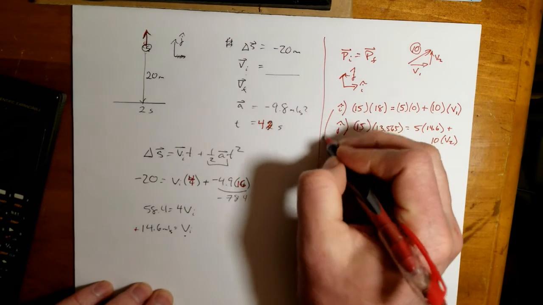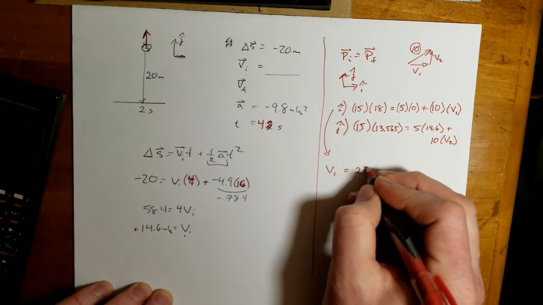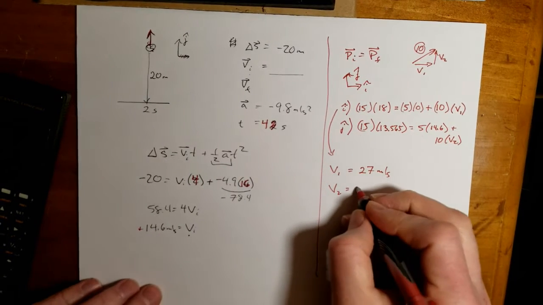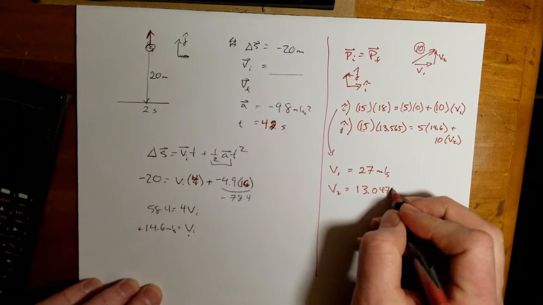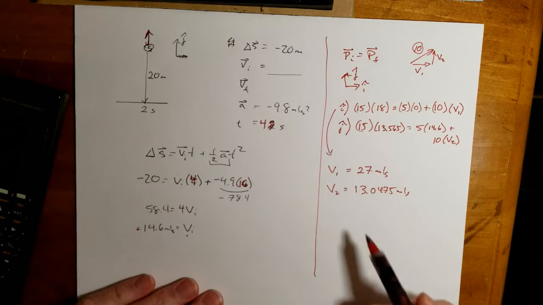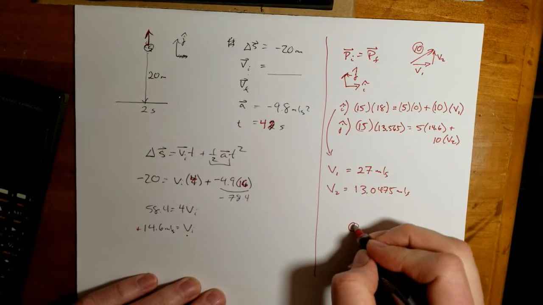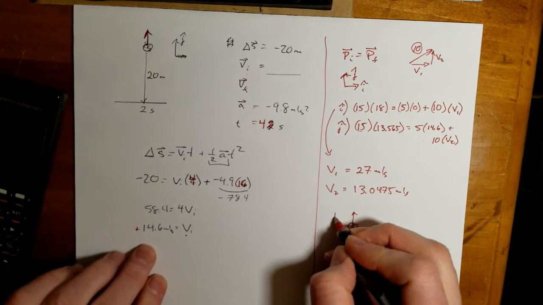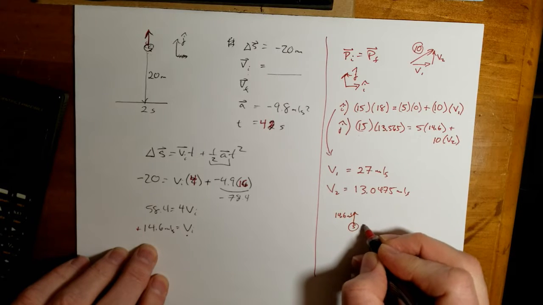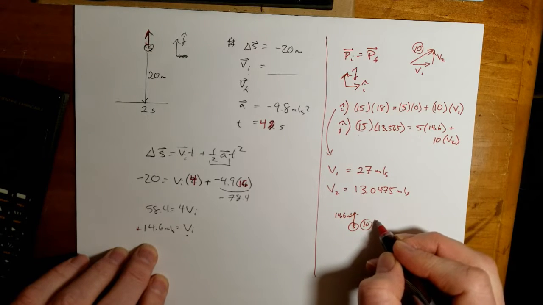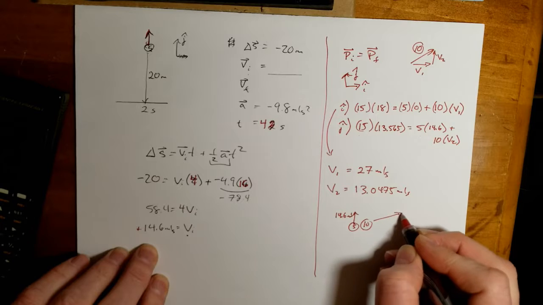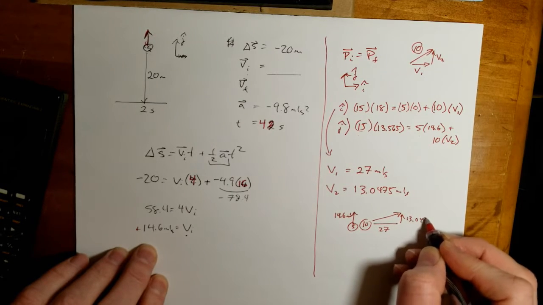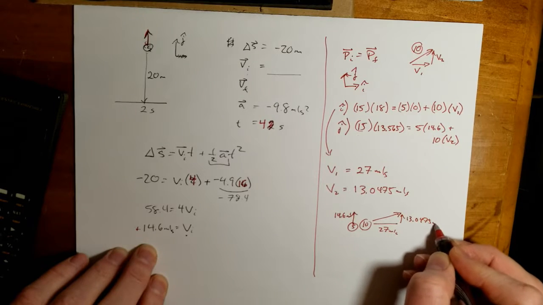So V1 is equal to 27 meters per second, and V2 is 13.0475 meters per second. And so just after the collision, this 5 kilogram mass is shot upwards, initially at 14.6 meters per second, and the rest of it, the 10 kilogram mass, is being shot primarily horizontally with components of 27 and 13.0475. Those are meters per second.